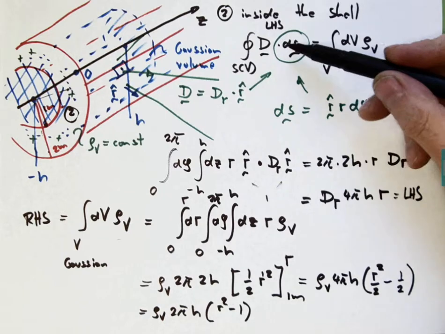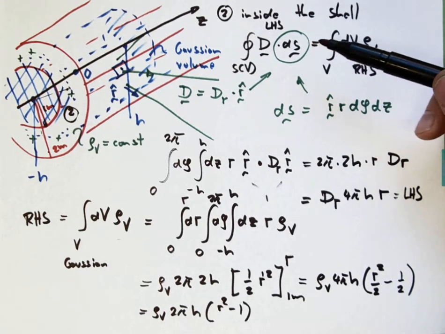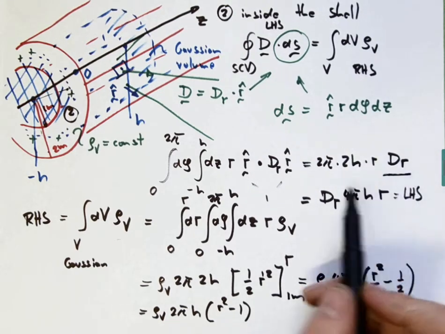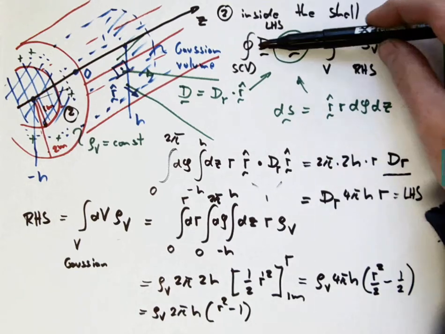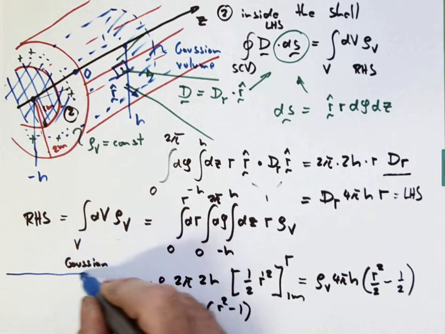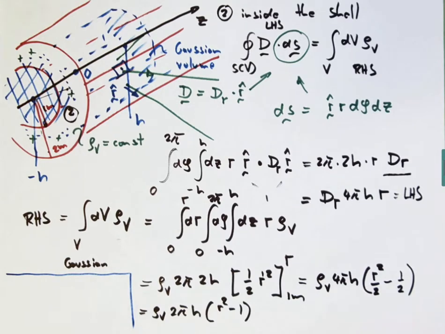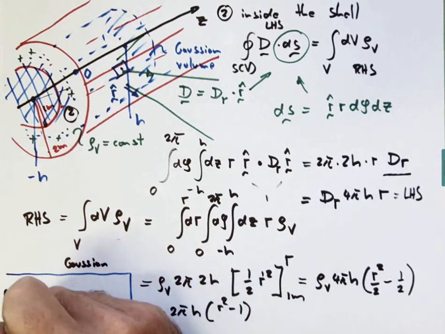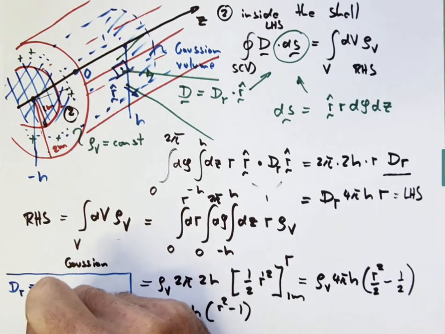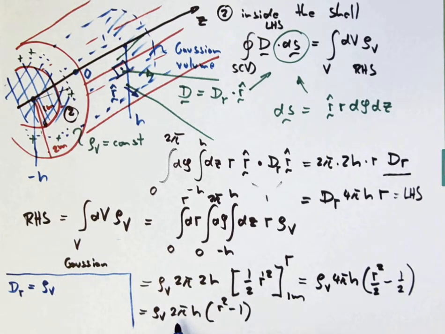Now, in order to work out d, which is in the left hand side here, I have to substitute the left hand side here and the right hand side there and set them equal, and then isolate the dr. That's the final step of our solution for region 2. So I equate that to that, so I have got dr is equal to rho v, and then I have a 2 pi, but that 2 pi cancels with that 2 pi.